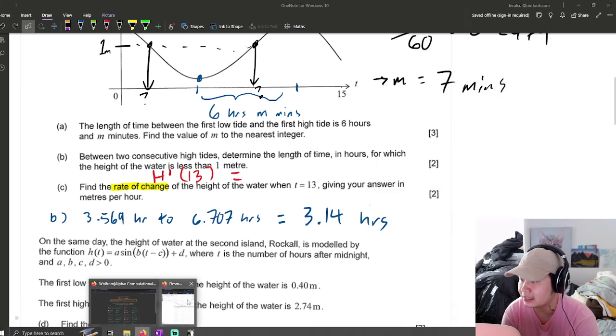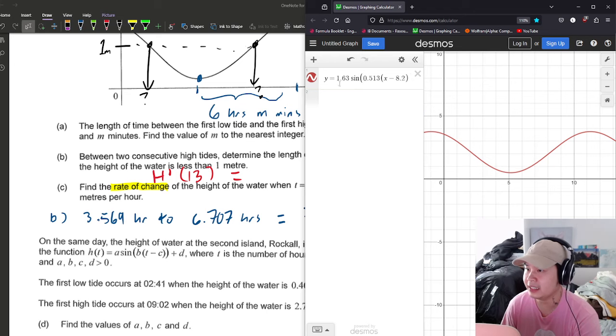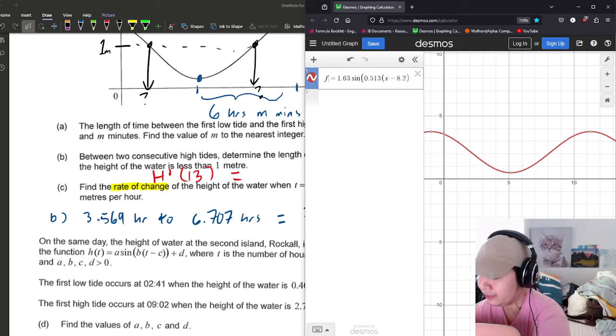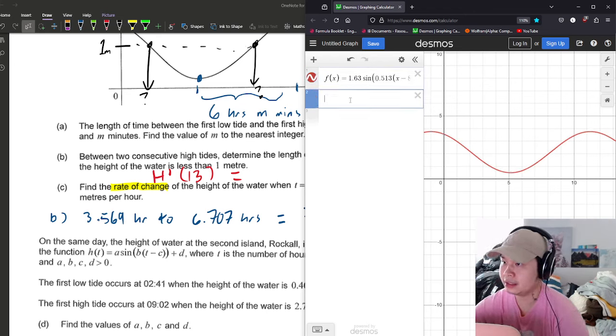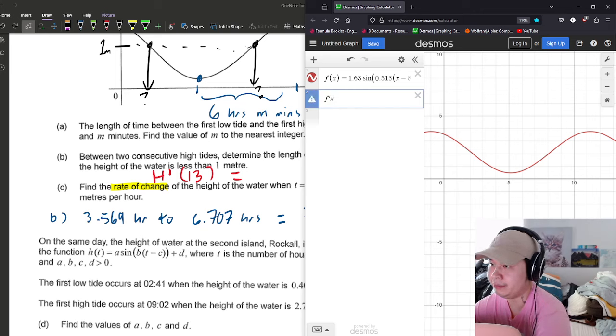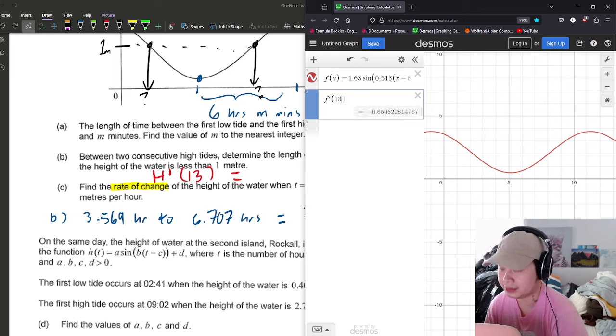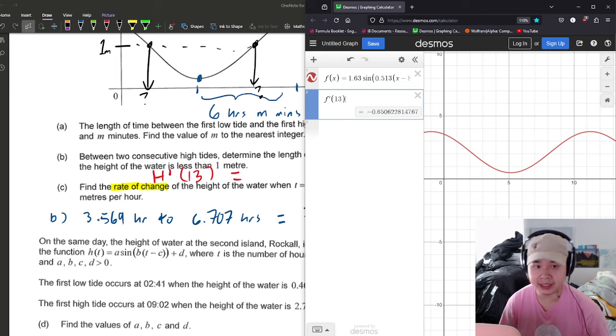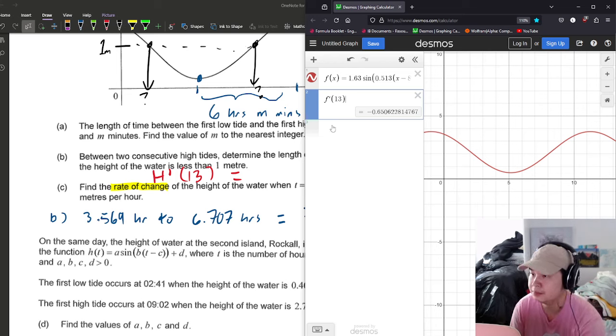Even Desmos has it. So if we go back to Desmos, if I call this f, for example, then I can calculate f prime at specific values of my variable. So in this case, 13. So you can see this is the value of the derivative.